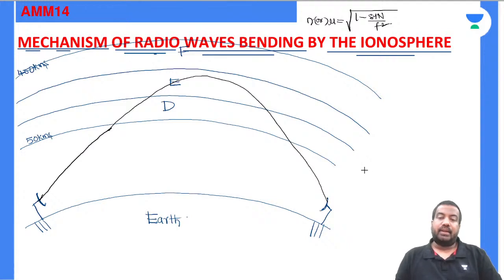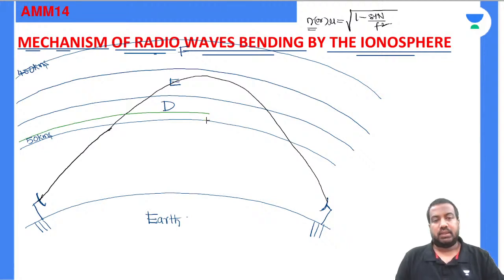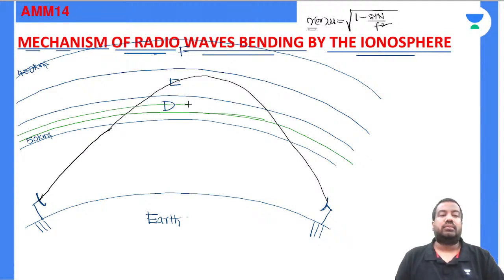Now, refractive index N has a tendency that as you move up, let me consider different regions.